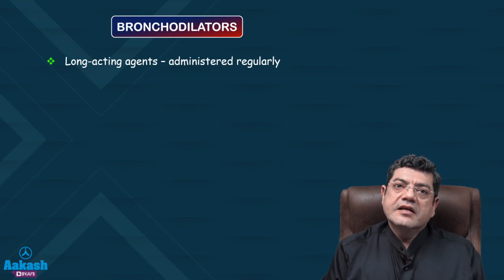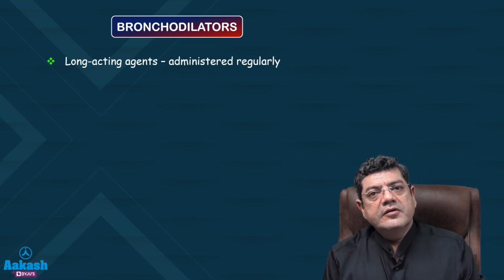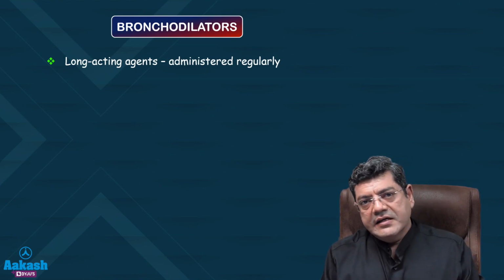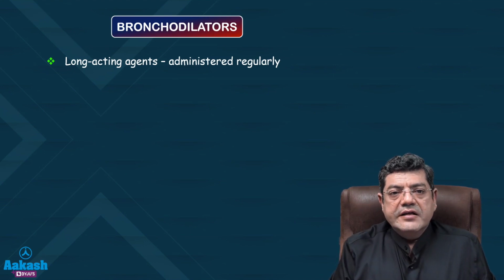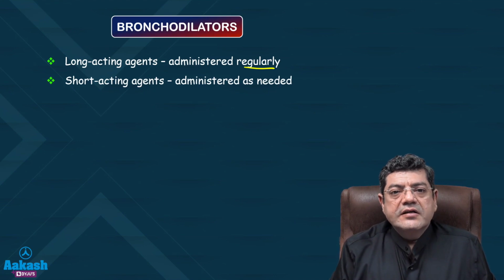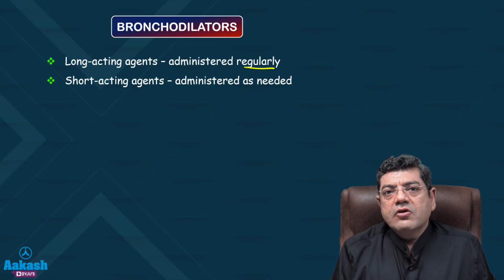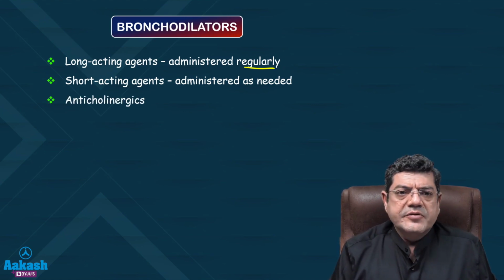Even when they are having an exacerbation, we give them short-acting inhaled bronchodilators, either a beta agonist or a muscarinic antagonist, for the duration of the exacerbation. So, long-acting agents are administered regularly on a daily basis, and short-acting agents are administered as needed for an exacerbation or breakthrough symptoms, even in the absence of an exacerbation.